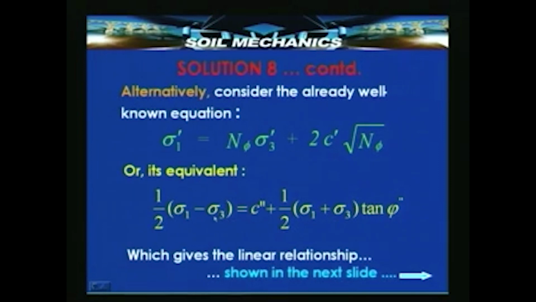Now, you find this equivalent expression, the second expression, is a linear expression, and if you therefore plot half of sigma 1 plus sigma 3 along the x axis and half of sigma 1 minus sigma 3 along the y axis, we will get a linear relationship, which is shown in the next slide.